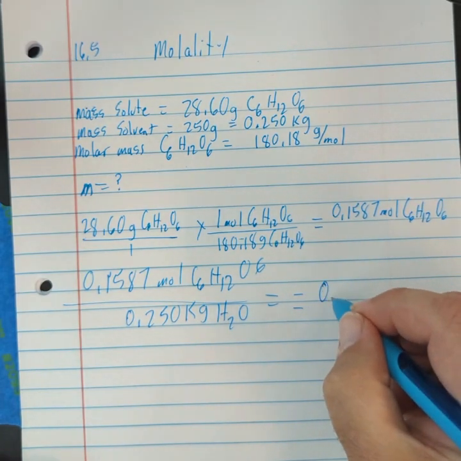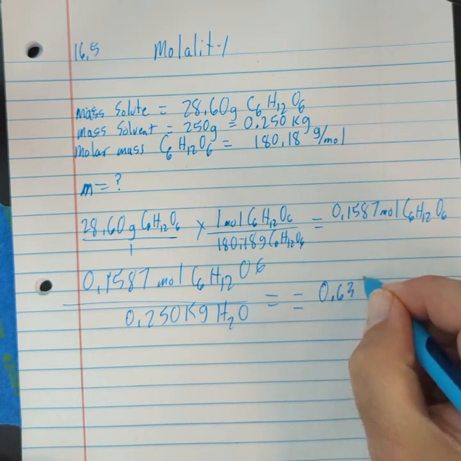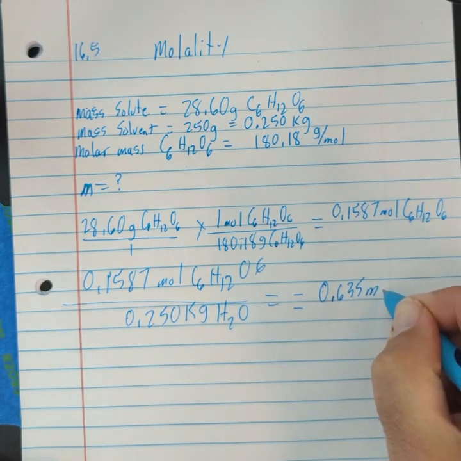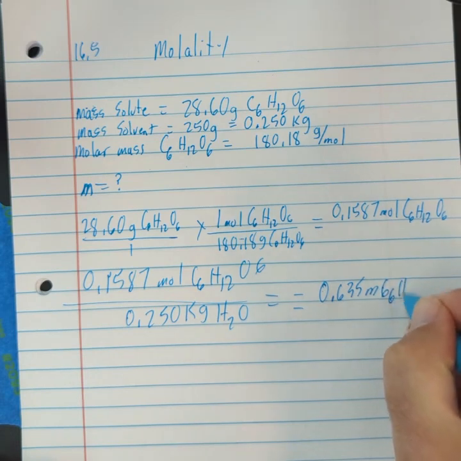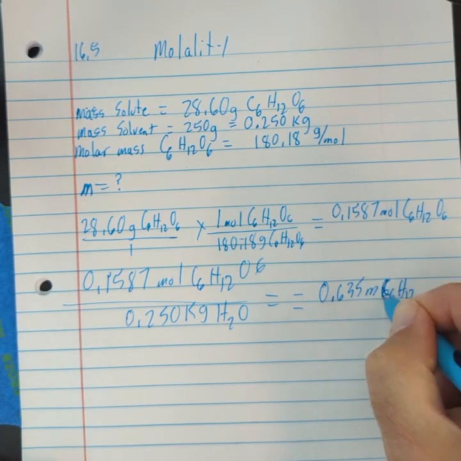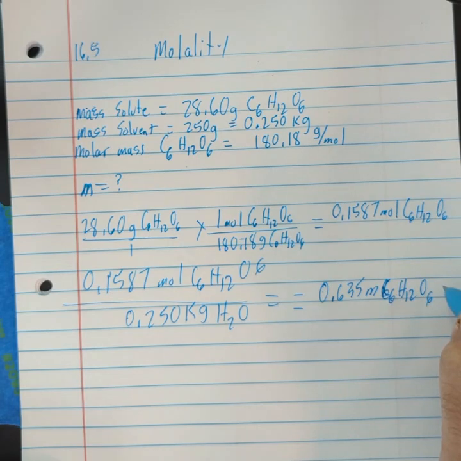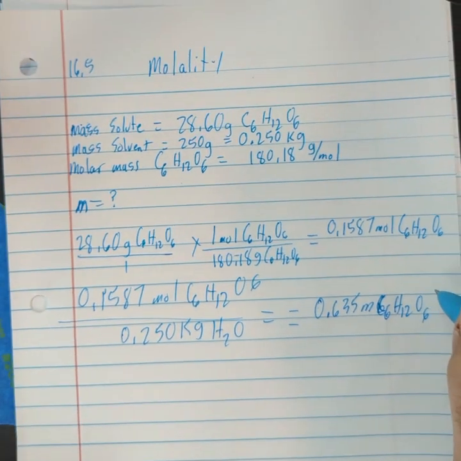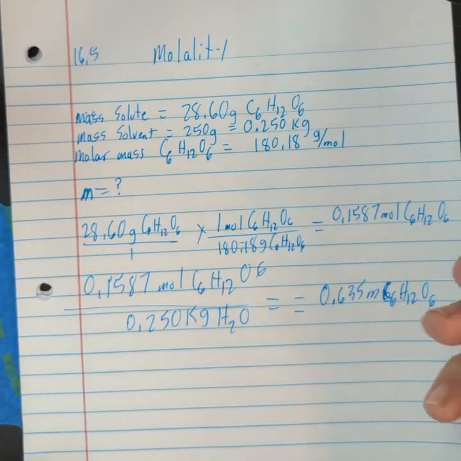And that's going to give you 0.635 molality of C6H12O6. Okay? And the answer represents the moles of glucose per kilogram of water and has 3 significant figures.